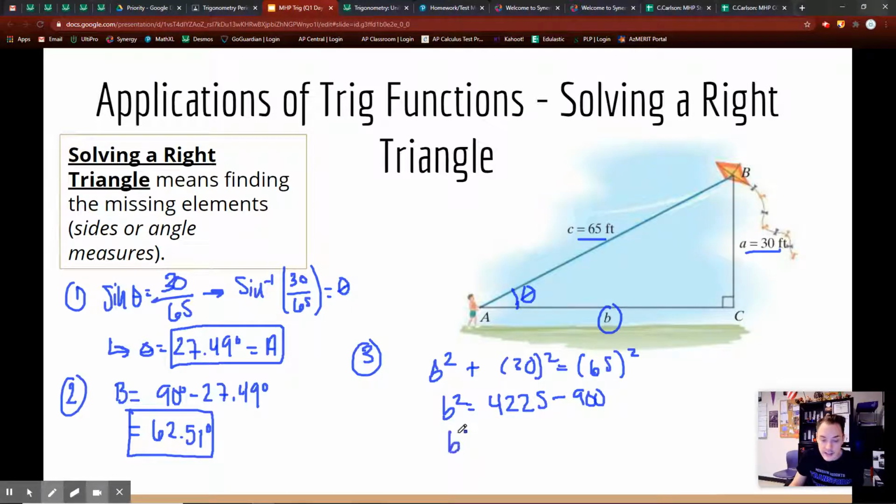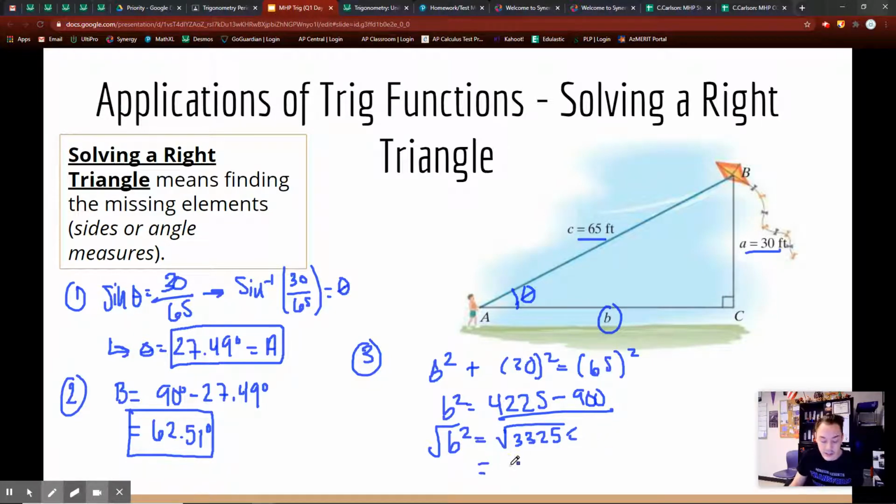When I subtract this, I get B squared equals, and I'm going to make sure I have the radical on each side. But this right here, when it simplifies, I get 3,325. Okay? Now, of course, I can break this down if I wanted to, and you can if you wanted to.